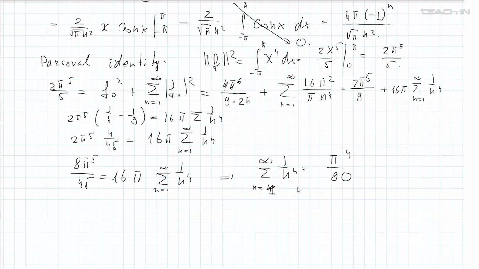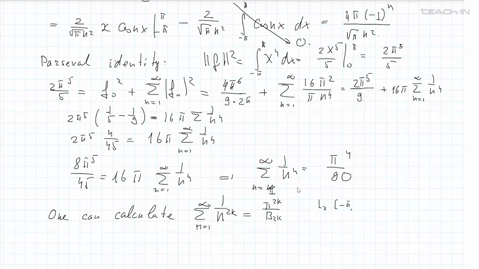Moreover, you can calculate it. It is always pi to K and some numbers which are connected with Bernoulli numbers. Bernoulli numbers are the same, L2 minus pi, pi, the same basis.